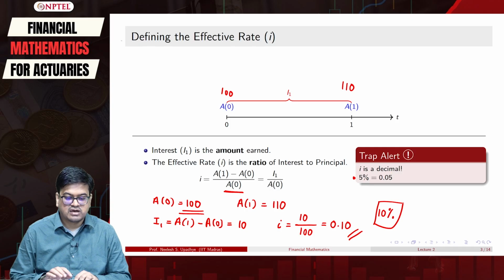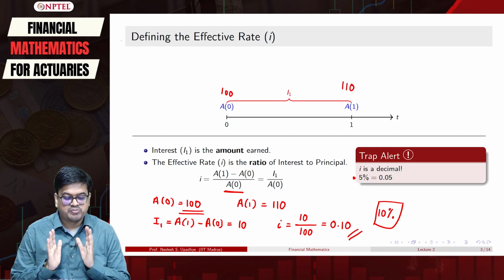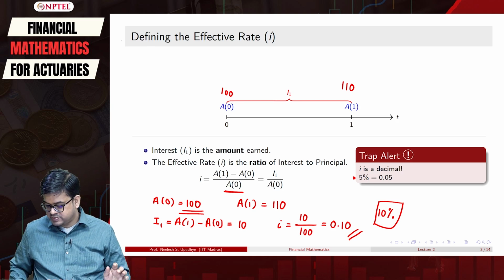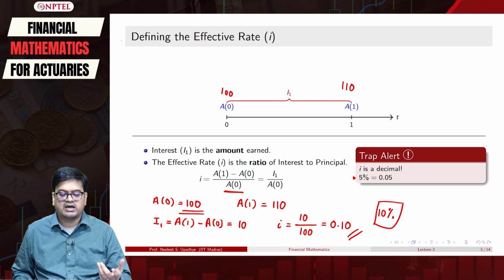So now we are clear about effective interest rate over a period of 1. This period can be a yearly period or any period as per your requirement.